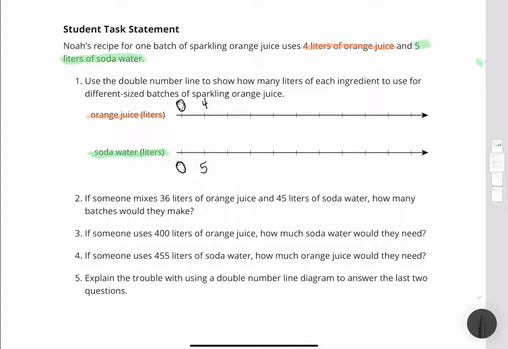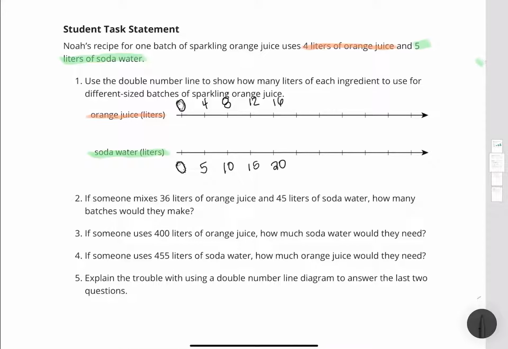So that represents one batch of sparkling orange juice. The next tick mark will represent 2 batches, which would be 8 to 10. The next one would be 12 to 15. Next would be 16 to 20.